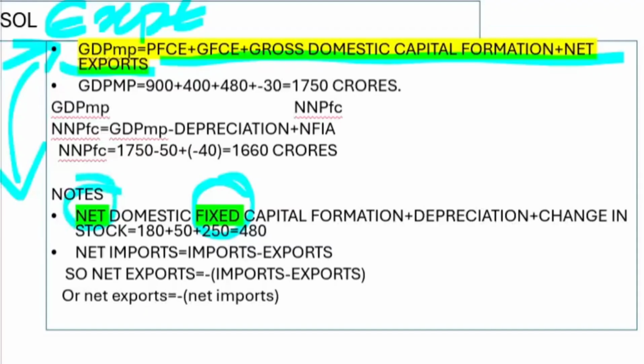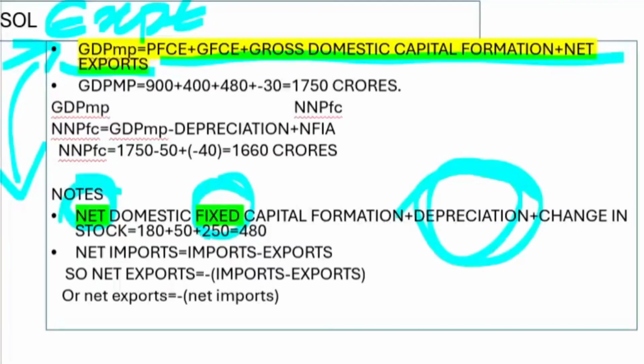We are provided with net domestic fixed capital formation. So for net to gross, add depreciation, then we are having fixed, so for that purpose, we need to add change in stock. So 180 plus 50 plus 250 will give you 480.